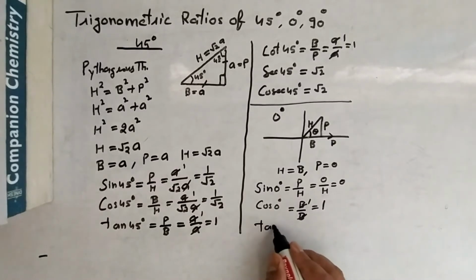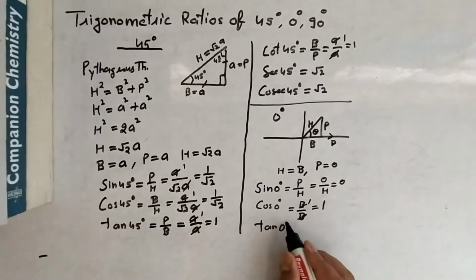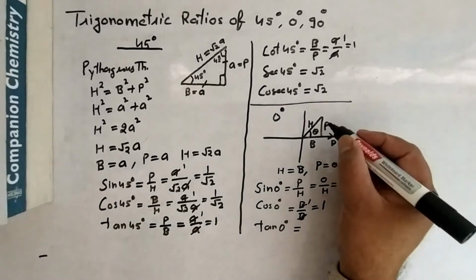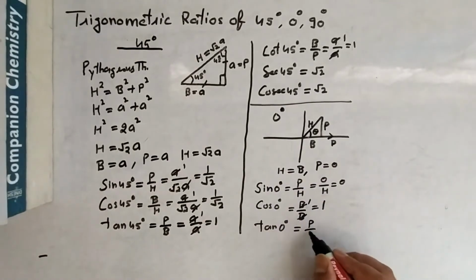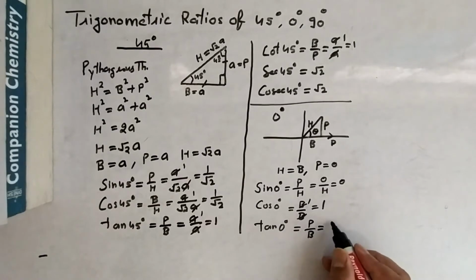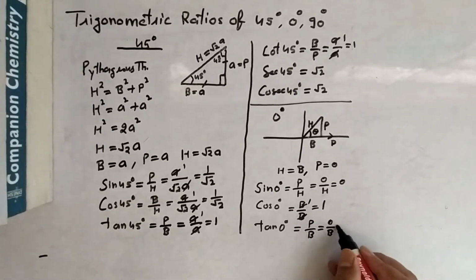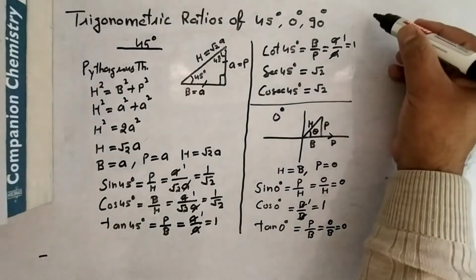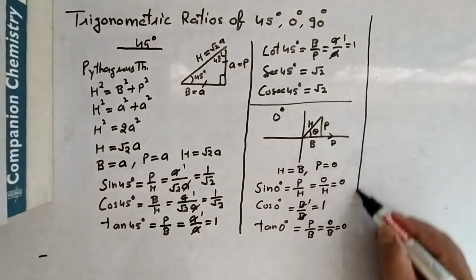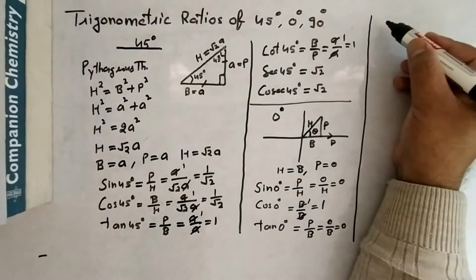Similarly, tan 0 degrees is perpendicular over base, but since perpendicular is 0, you get 0 over base, which is 0.